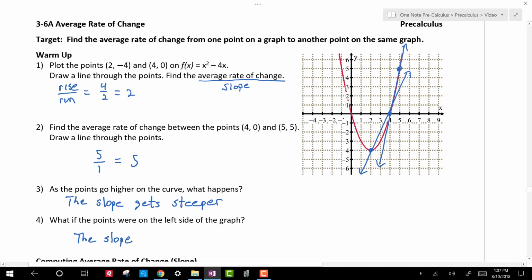As you came down, the slope would be negative. However, as you go up the left side, you would still have the slope getting steeper, even though it's a negative steeper slope.